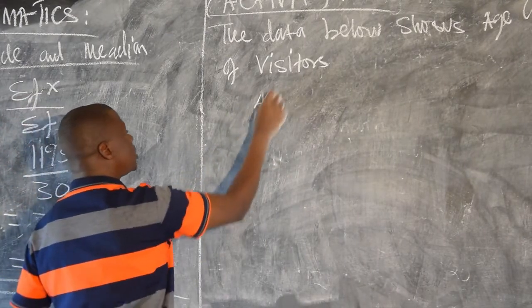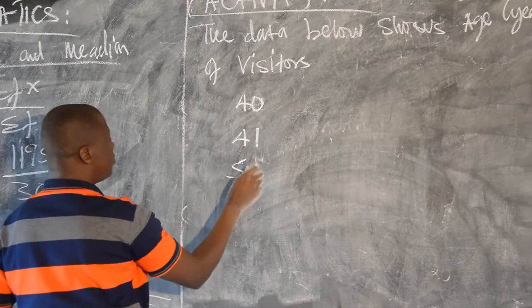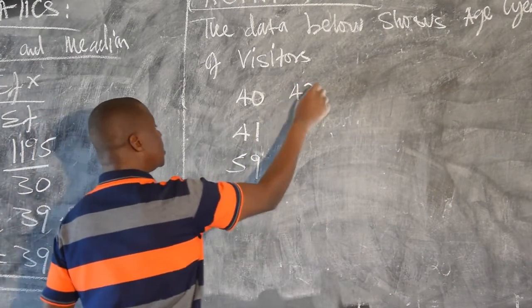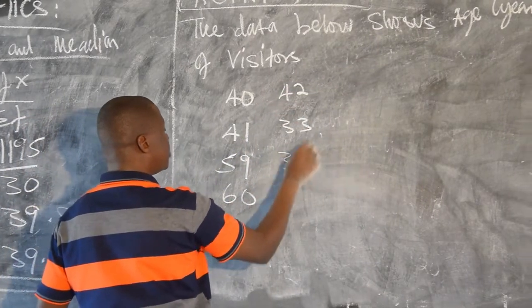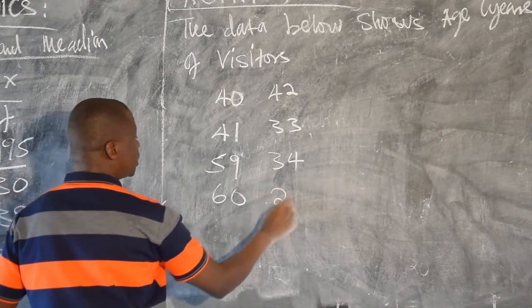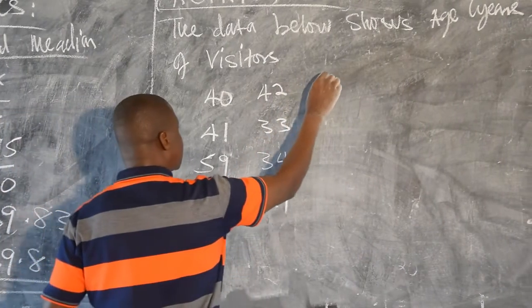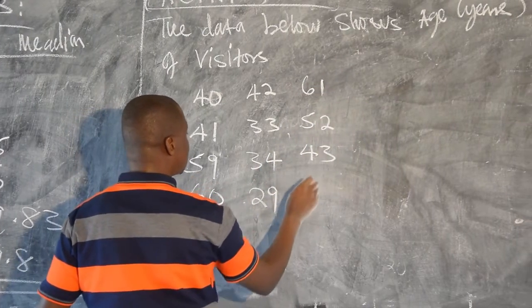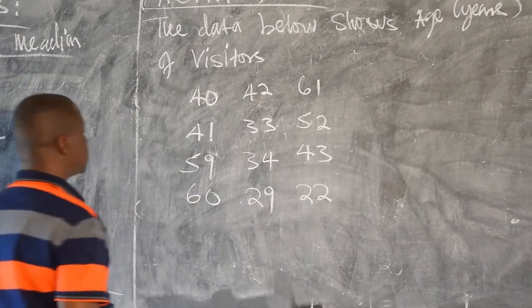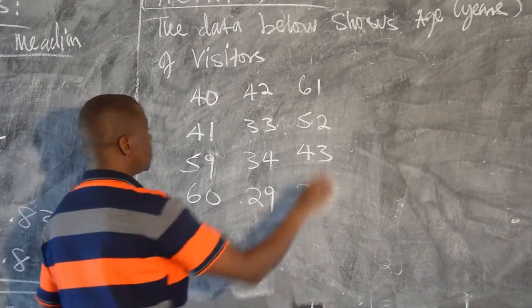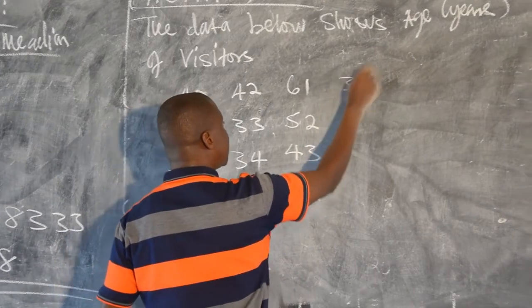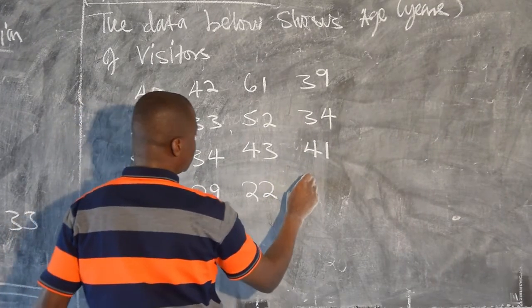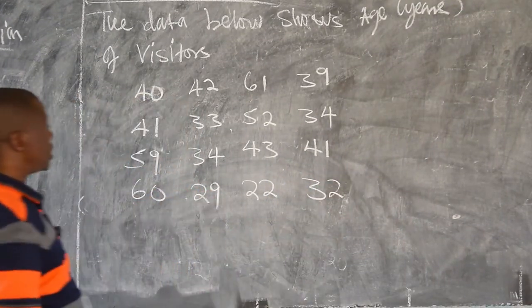2021, that is 40, 41, 59, 60, 42, 33, 34, 29, 61, 52, 43, 22, 39, 34, 41, 32, that arrangement.